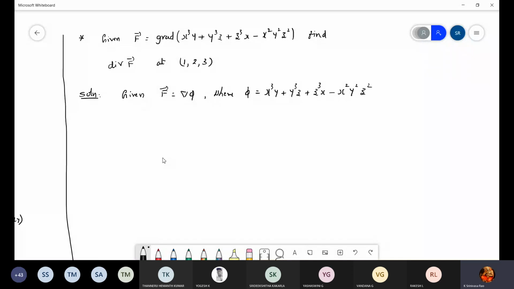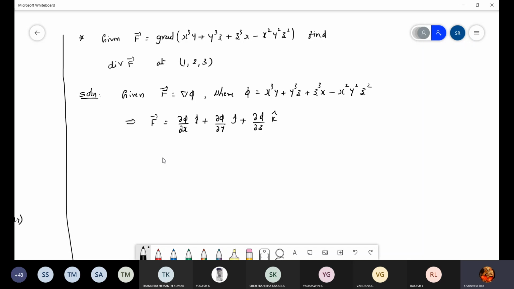Okay, so this is a little bit lengthy, terms we will get in a vector. First write down. So this implies f equals grad phi, formula: del phi by del x i cap plus del phi by del y j cap plus del phi by del z k cap.